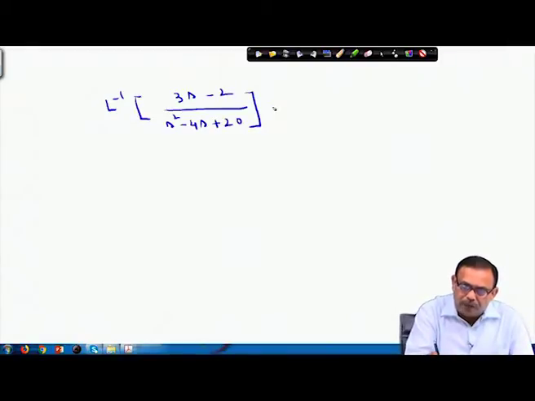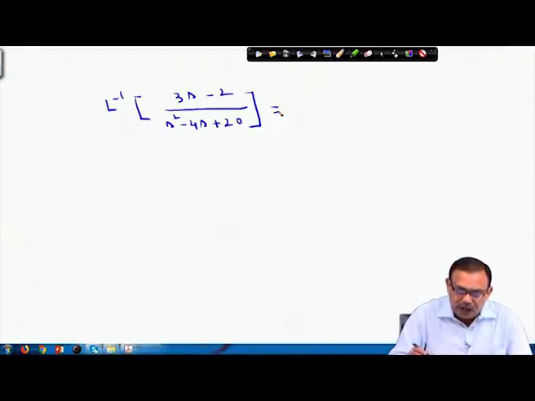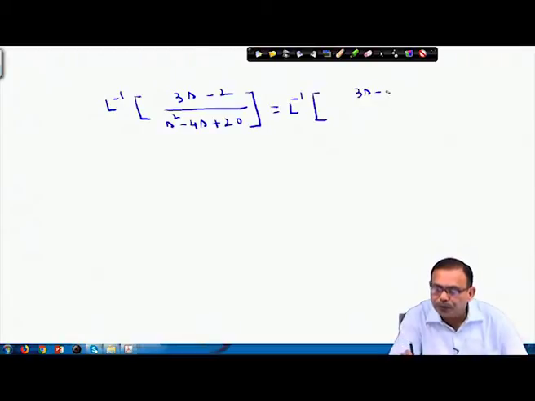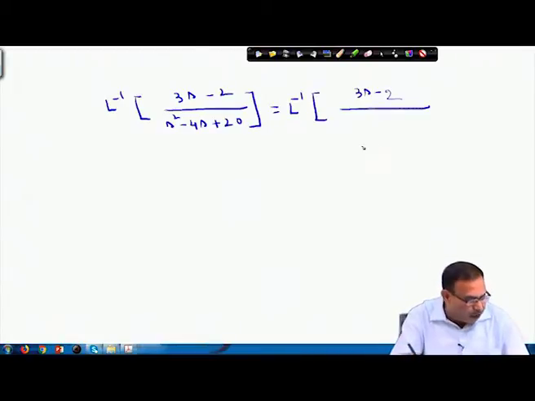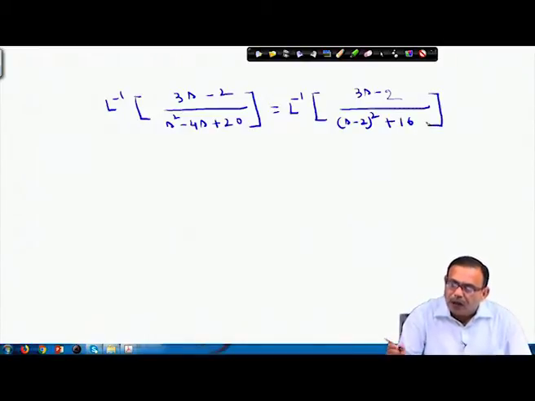So, basically I have to bring it into linear forms, that means I have to break it into parts, so that I can write it in some other way. So, Laplace inverse of this I can write down 3s minus 2 divided by s minus 2 whole square plus 16. Please note that I have the forms of s by s square plus a square or a by s square plus a square, something like this.